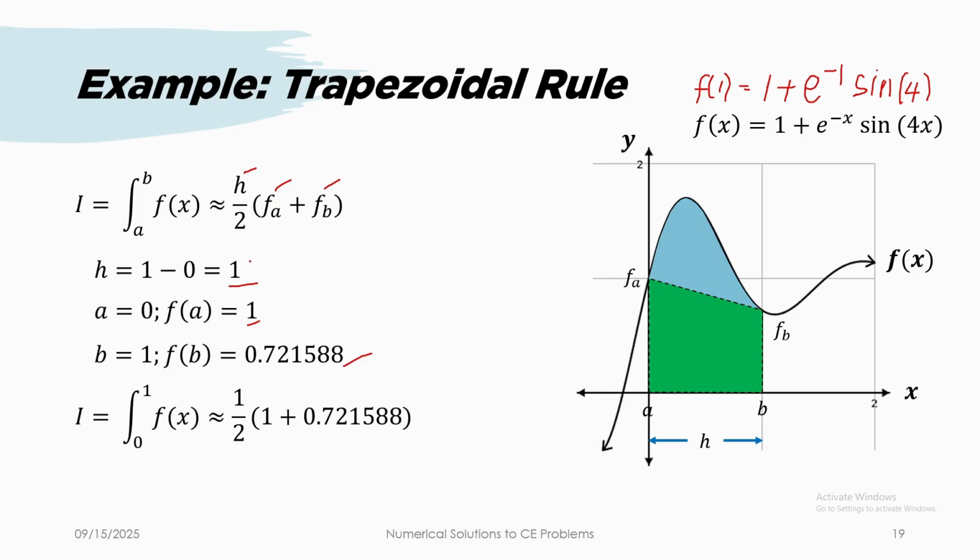We just plug in these values to the formula, so h is 1, so 1 over 2 times f of a is 1 plus f of b, that's 0.721588, and that would lead us to the approximated area under the curve being 0.860794 units. Denoted by the green area. Here, the blue area is the error.